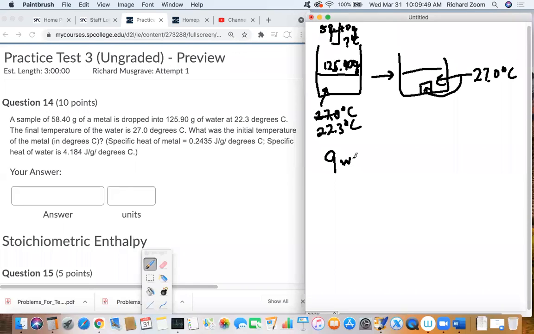We have all the information about the water here. We're looking for the initial temperature of the metal. So let me clear that out, and I'll draw up a little bit higher. Make sure I have enough room here.